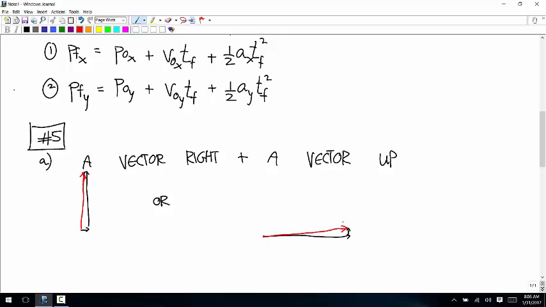And so you can get as close to vertical as you want. If you get to control how big these vectors are, or if you don't know how big they are and you're just trying to figure out a range of possible values, it can be infinitely close to vertical, infinitely close to the right.